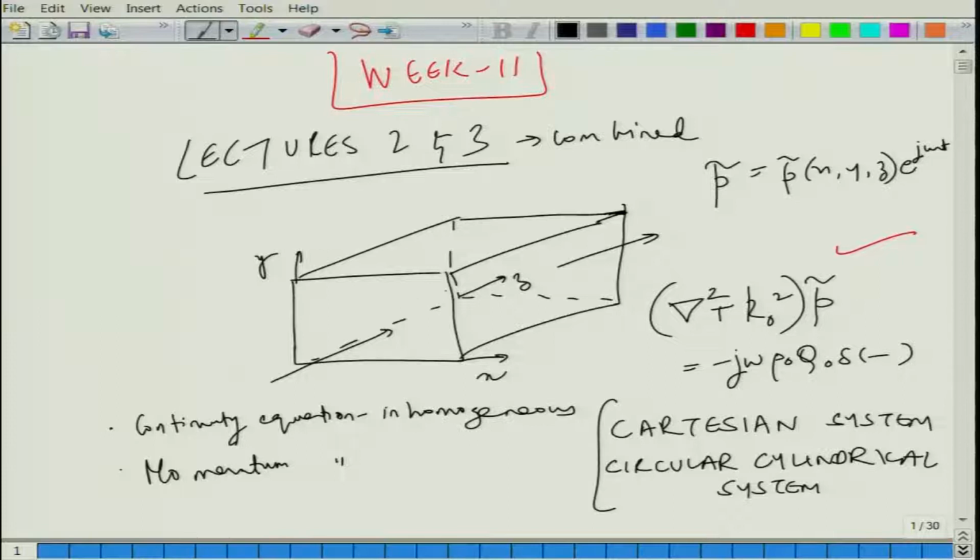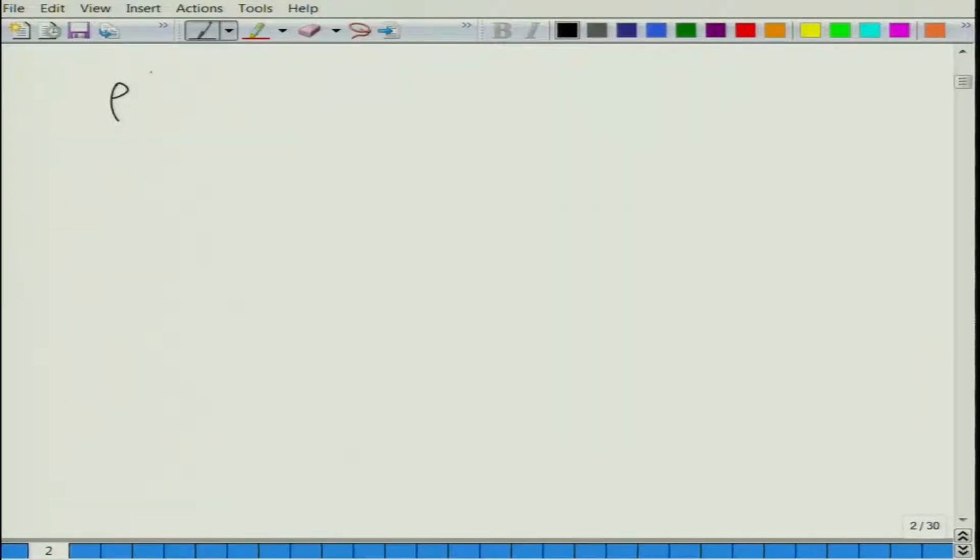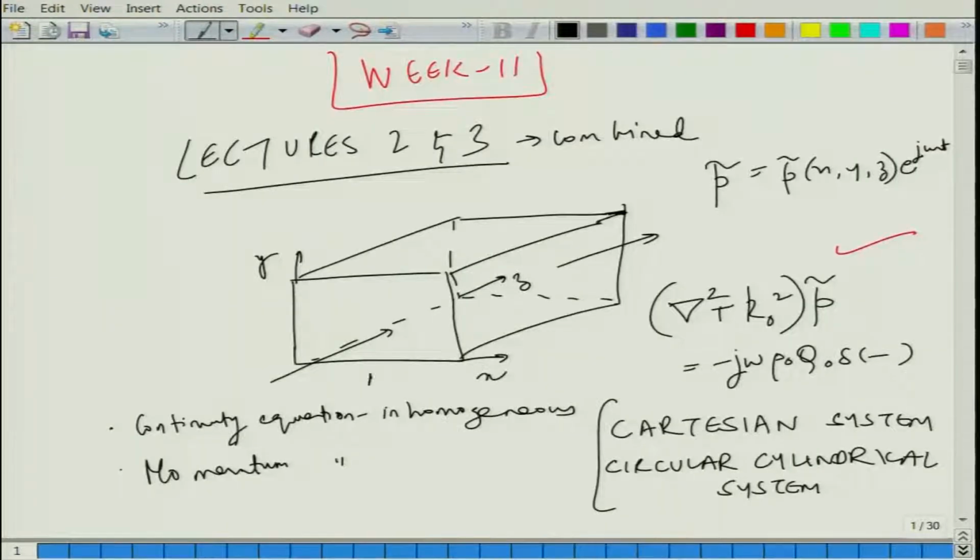So, here we will have rho u, and let us say this length is delta x, delta y, delta z, and the flux that enters here is your velocity w, and the one that leaves here is also w, but we will look at the mass flux that enters and leaves from the other face and so on.